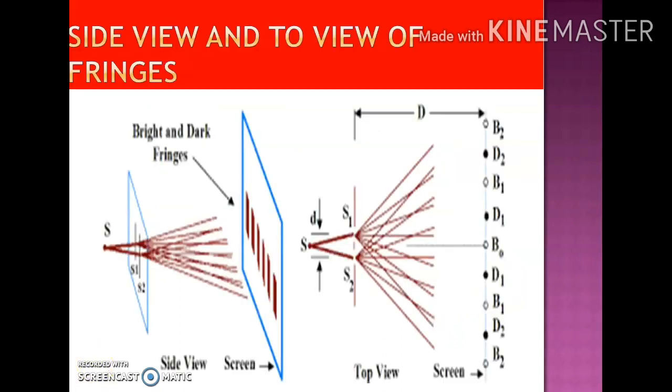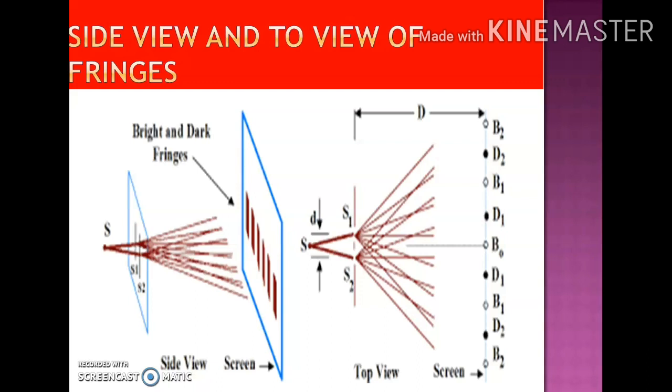This slide will show you the side view and the top view of the fringes that we obtain in the experiment. In the first figure, the side view, you can see the straight fringes on the screen, we get alternate dark and bright fringes. And in the top view, you can see that we are getting the central fringe as the bright fringe, since the path difference for this point will be equal to 0.